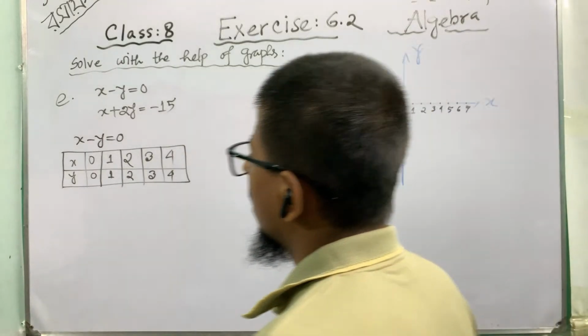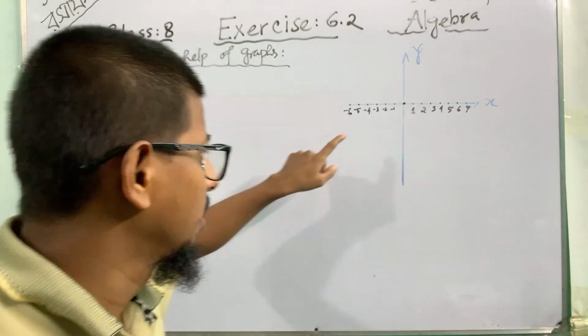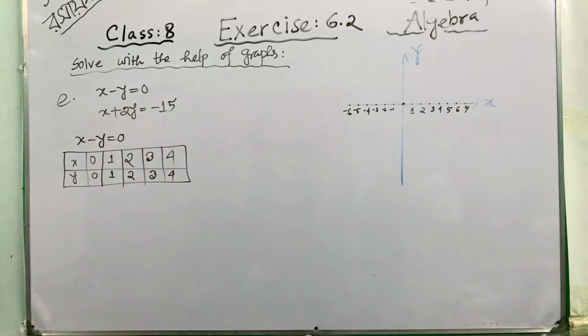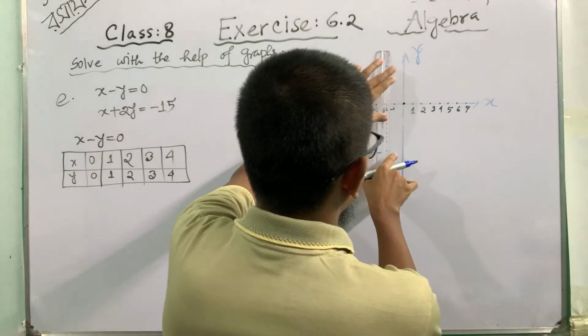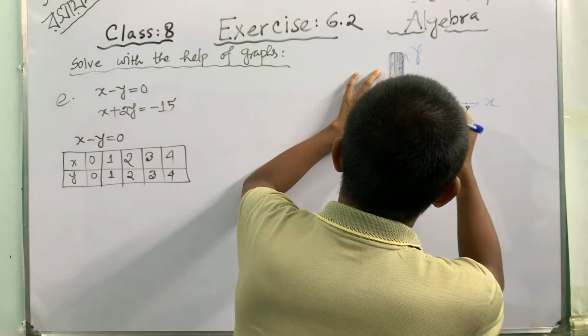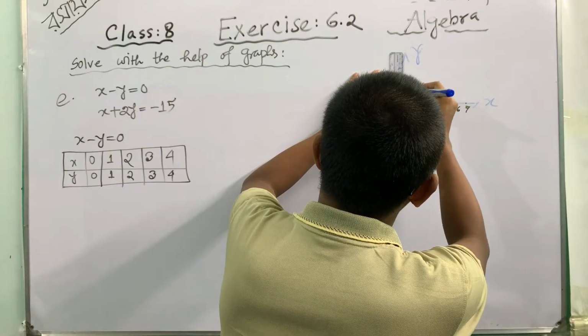Now I have x equal to 0 and y equal to 0. So I have this point already. Oh, sorry. I did not label my y values. I'm going to do that now, okay? So I consider this to be y equal to 1.